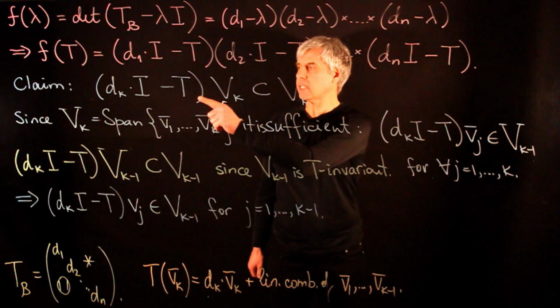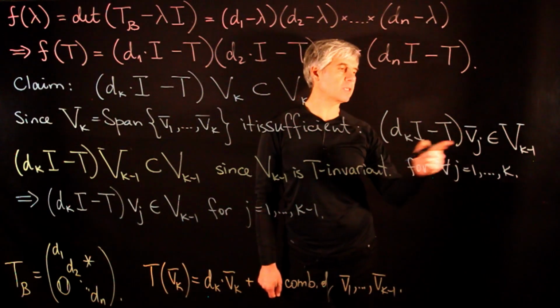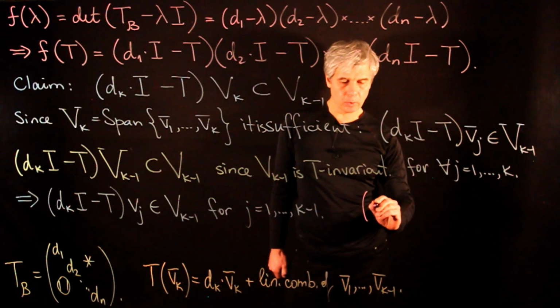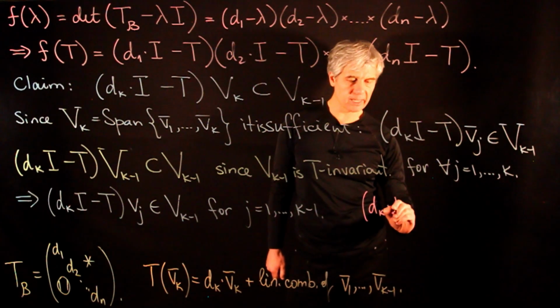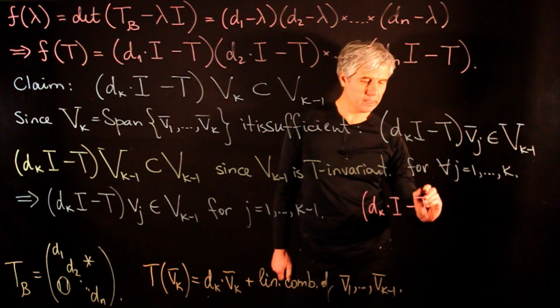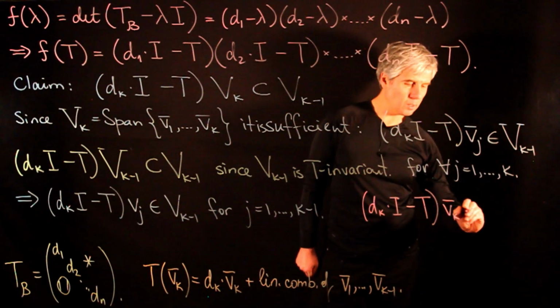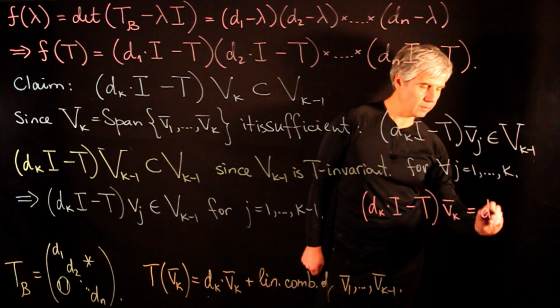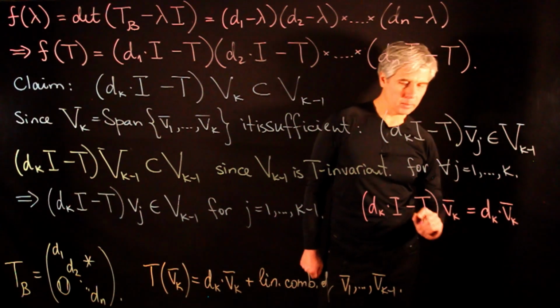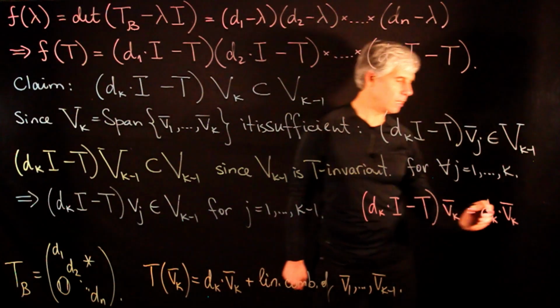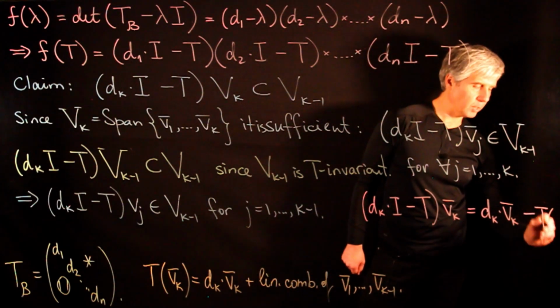Now, to prove this claim, we need to verify that this relation also holds for vk. So we need to compute dk times identity minus T acting on a vector vk. This equals dk times vk, because identity acting on vk gives this vector itself, minus T applied to vk.